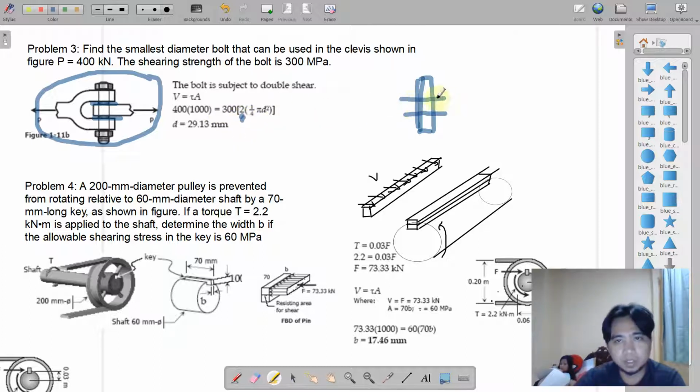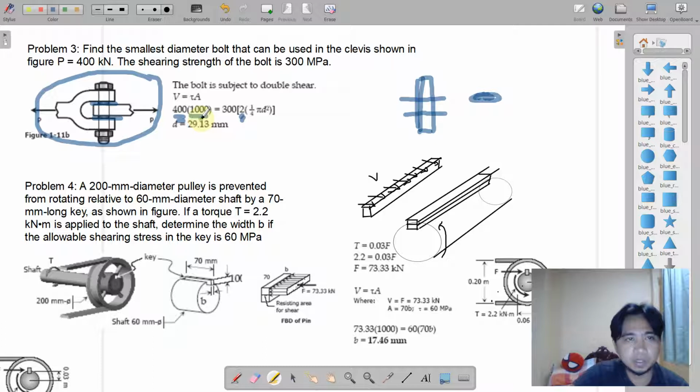So this cut section, if we take a look at the cut section, is actually the cross section itself of the bolt. So simply we substitute the 400 shearing force here.